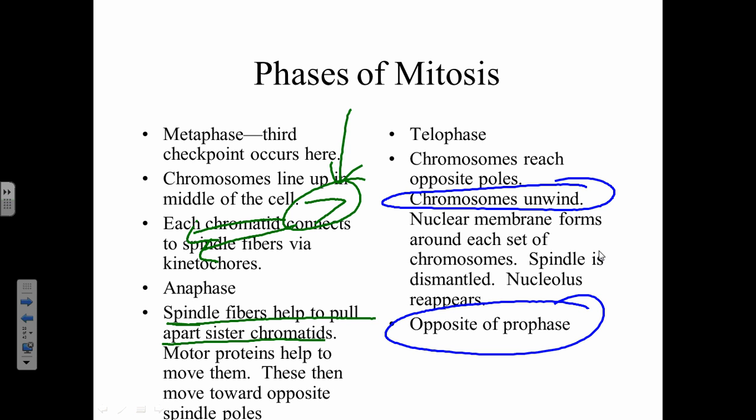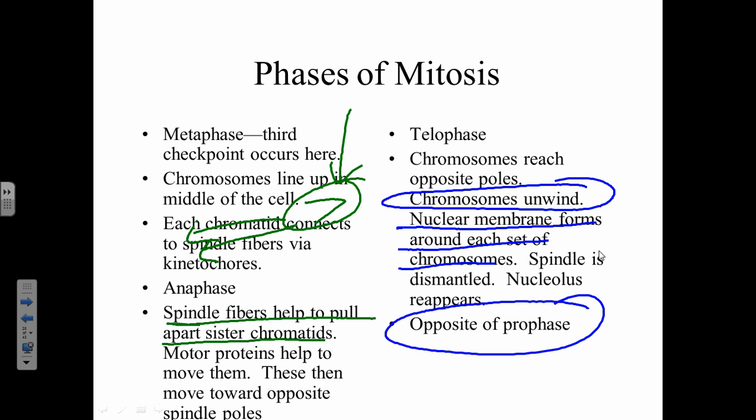What happened to the nuclear membrane during prophase? During prophase, it disintegrated, it went away. So in telophase, a new nuclear membrane forms around each set of chromosomes. So for a minute at least, you're going to have one cell with what?